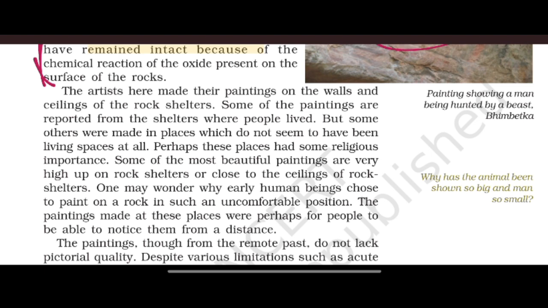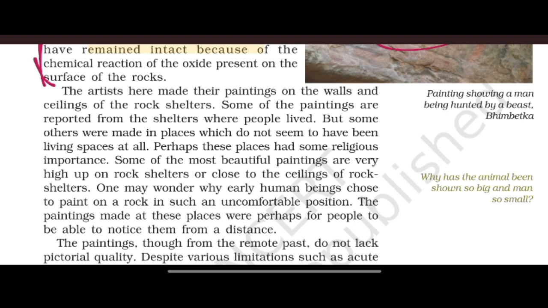Obviously, at that time they didn't have houses, they had caves. So that is the only reason. But some others were made in places which did not seem to have been living spaces. There might be some religious places, like we have temples. So there also they did some paintings.